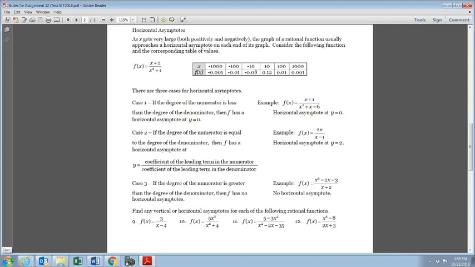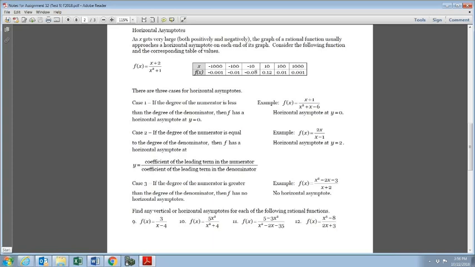So, as you look in the table, as x gets really big, 10, 100, 1,000, our y values, or f of x values, get closer and closer to 0. And it happens on both ends. And so this is very common. This is what normally happens with rational functions.